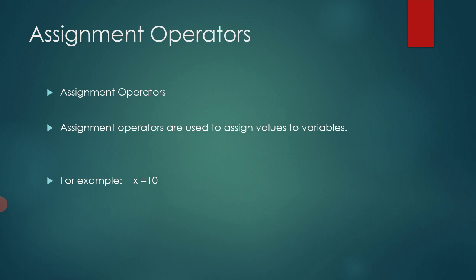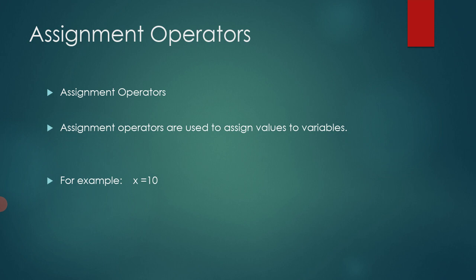In C++, this is equals to means the assignment operator, and it is used to assign a value to a variable. So if I have written the expression x is equals to 10, it means that I have assigned the value 10 to the variable x. So this is the assignment operator.